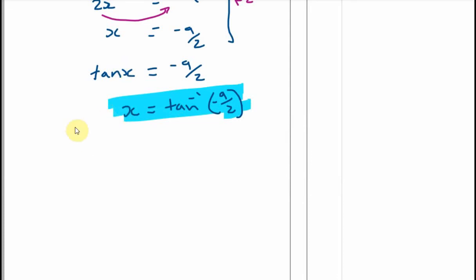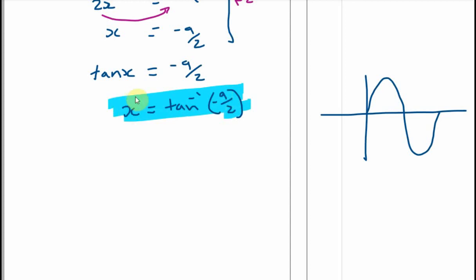If we draw out, I'm not going to draw tan because tan's pretty hard to draw. Say we were doing sine. What we're doing here is we're saying, well, for this number, what's my angle? The angles are all the values along here, and this number will be the height up the way or down the way. So minus 9 over 2.